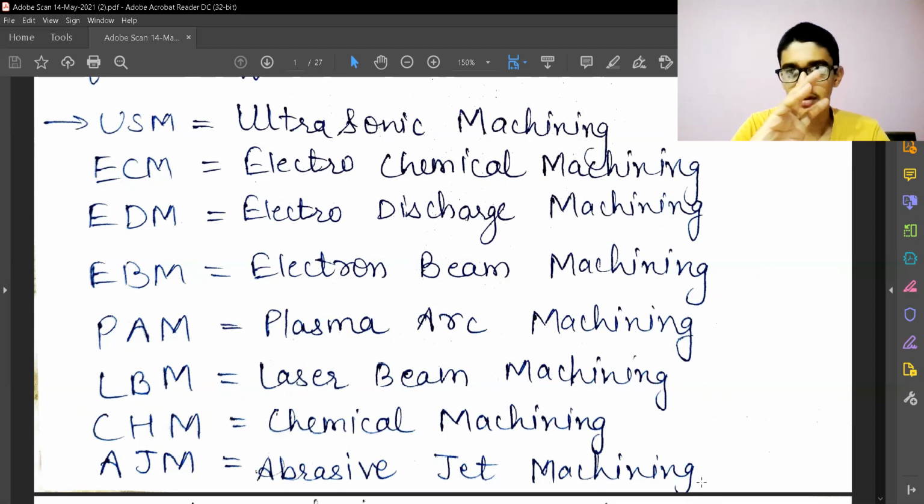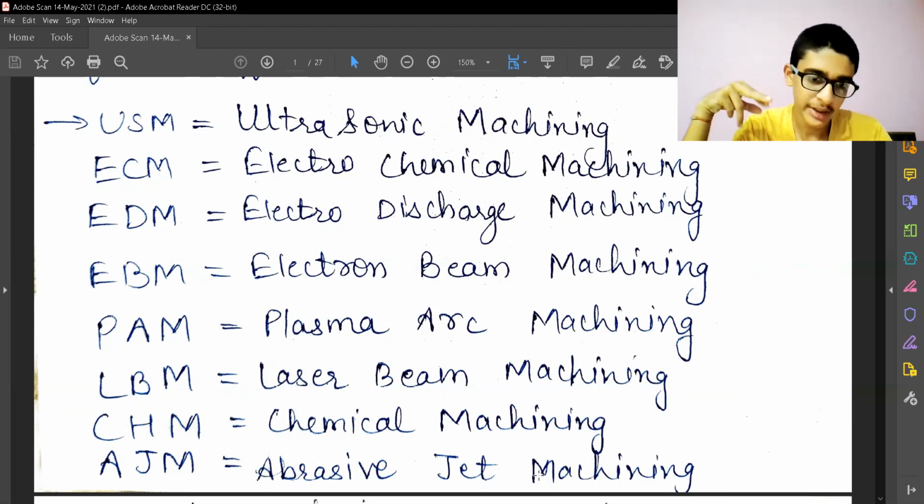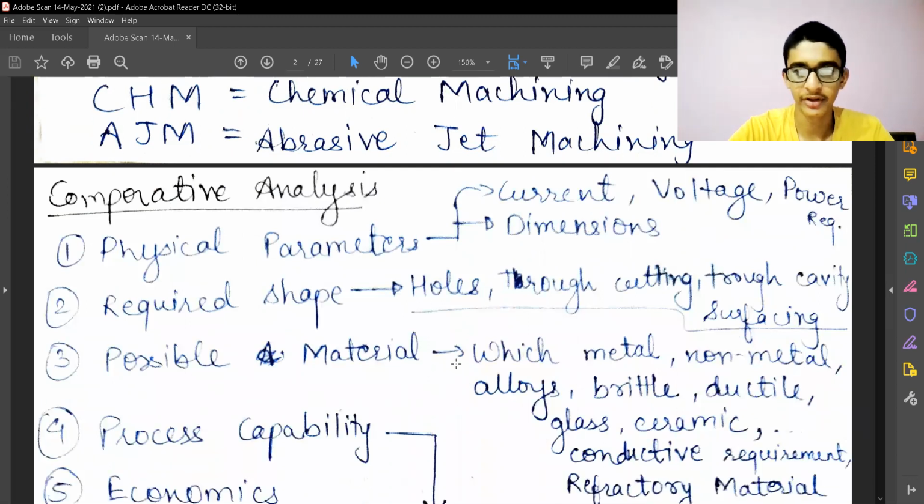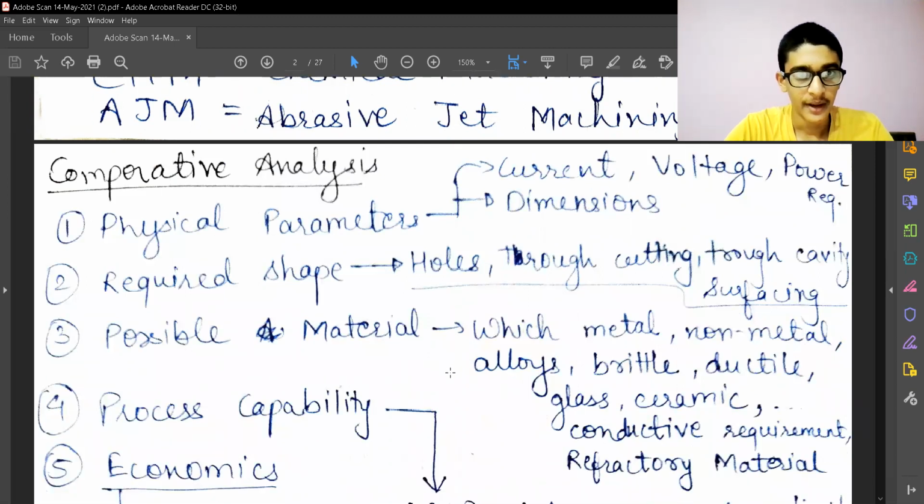When the tool rotates, those abrasives lead to the material removal. Abrasive jet machining is very similar. Through a jet, I impart the abrasives at very high speed, and those abrasives remove the material when they hit that workpiece.